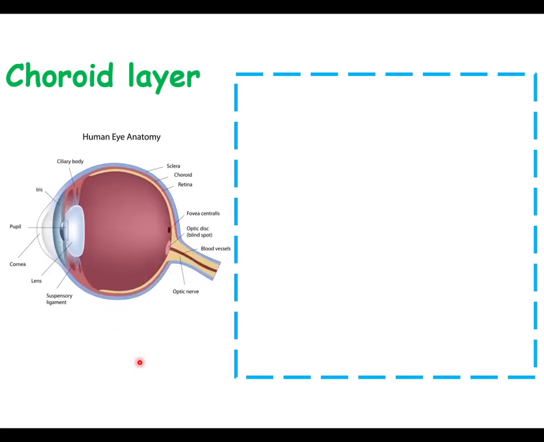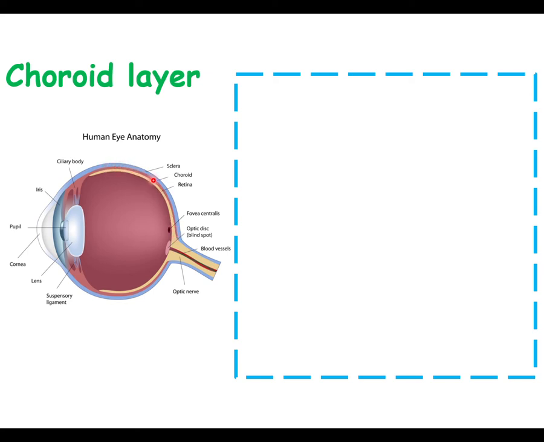Choroid layer. Now the choroid layer sits behind the retina, and it has two main functions. It's highly vascularized, so it contains lots of blood vessels, lots of capillaries, and those capillaries are bringing oxygen and glucose to the retina, so the cells of the retina can respire and release energy, because they're energy transducers and need a lot of energy to function.